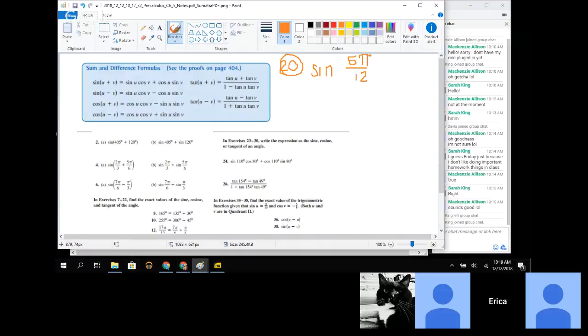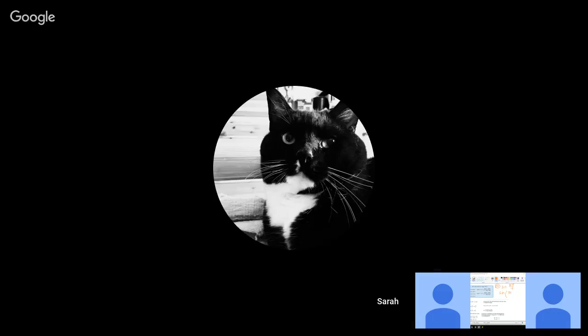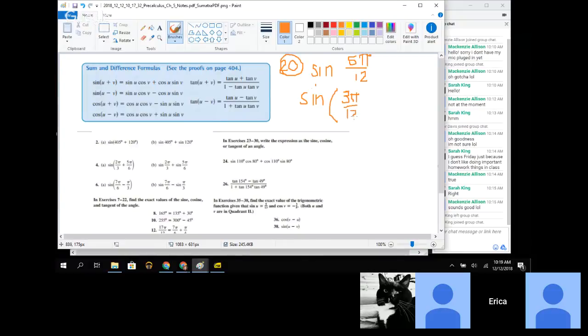But what you can do is break this down into some values that are on the unit circle. I can think of 5 pi over 12 as 3 pi over 12 plus 2 pi over 12. Simplifying those, that's pi over 4 plus pi over 6. Are those on my unit circle?